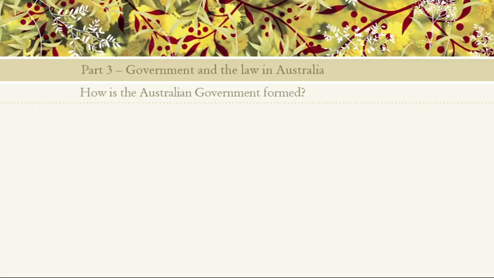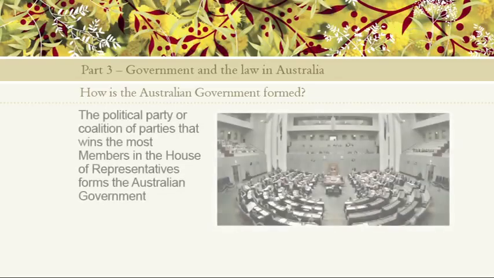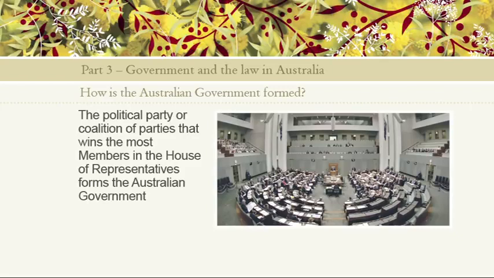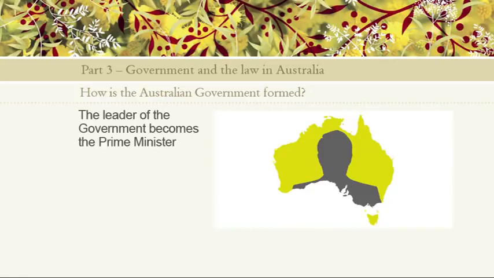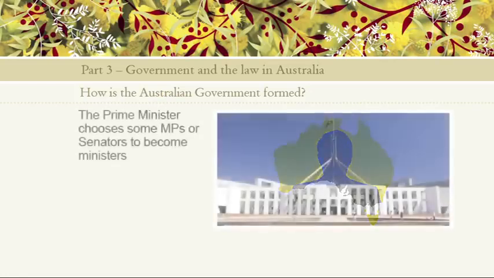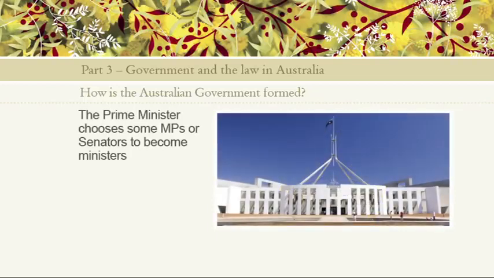How is the Australian government formed? After an election, the political party or the coalition of parties with the majority of members in the House of Representatives forms the government. The leader of the government becomes the Prime Minister. The Prime Minister chooses MPs or senators to become ministers.